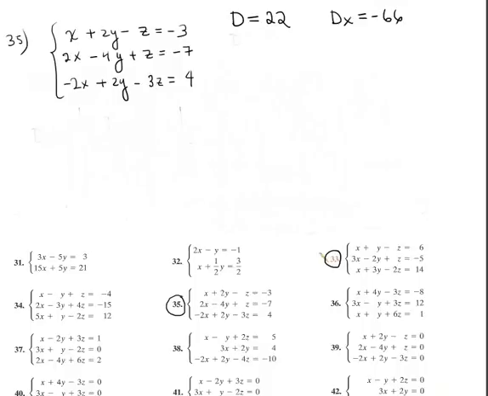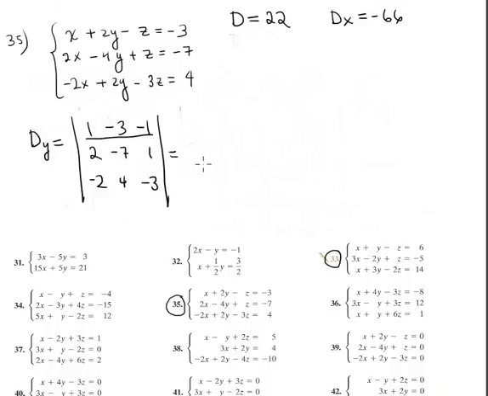Okay, now dy is the matrix 1, 2, negative 2, negative 3, negative 7 and 4, and negative 1, 1, and negative 3.